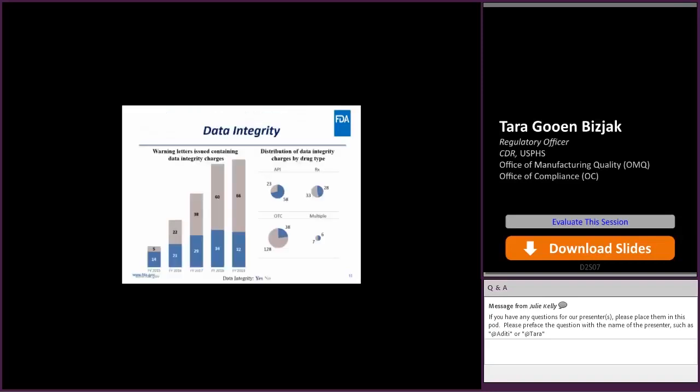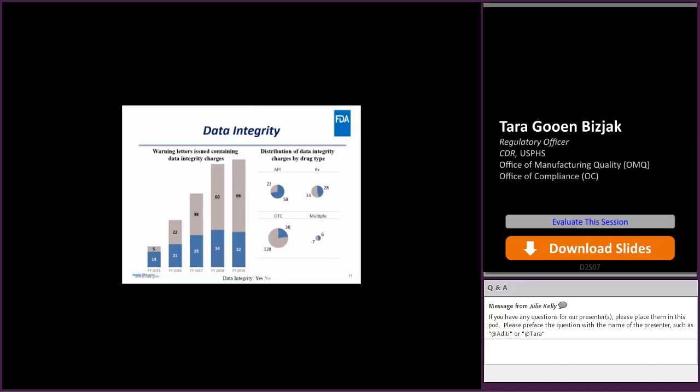Okay, so in terms of drilling down into data integrity, we're continuing to see cases that result in warning letters related to data integrity. You can see here the blue bar on the bottom. The last 3 years has been around 30 plus letters that are specific to data integrity as well as other findings.